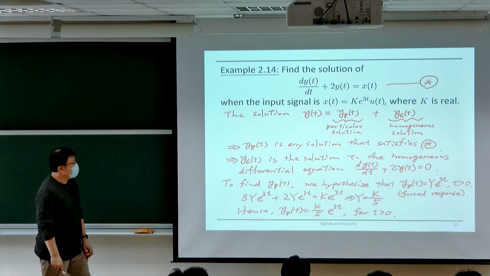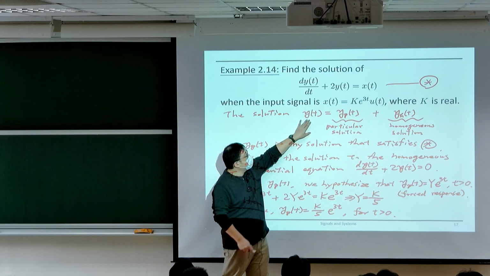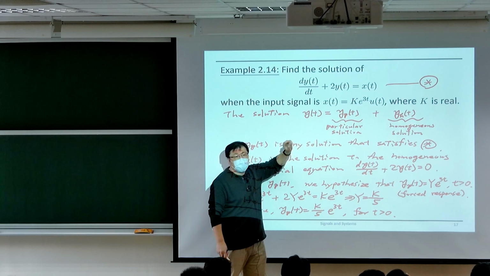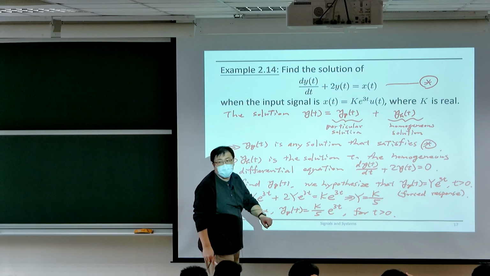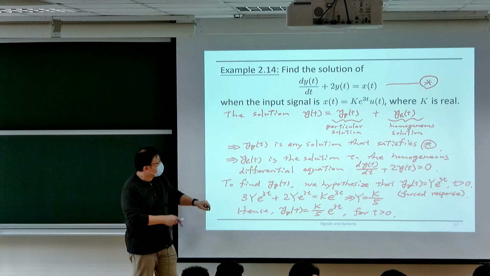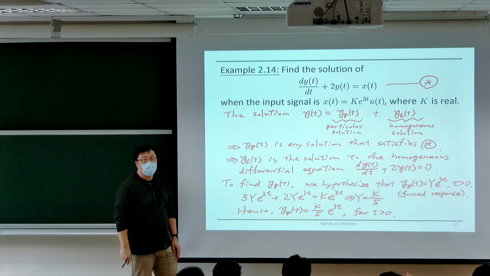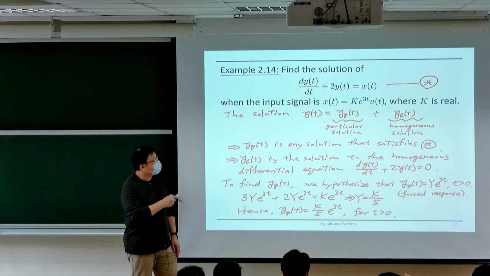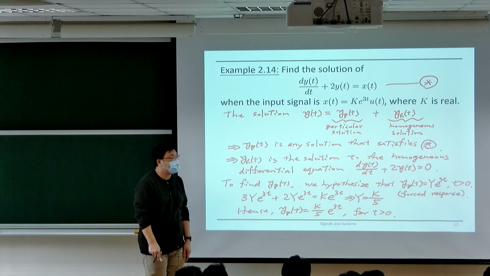First of all, we should recognize that the solution to this differential equation typically consists of two parts. One is the particular solution, the other is the homogeneous solution. The particular solution is a solution that satisfies this equation here, any solution that satisfies this equation. And a homogeneous solution is a solution that satisfies this equation with 0 on the other side.